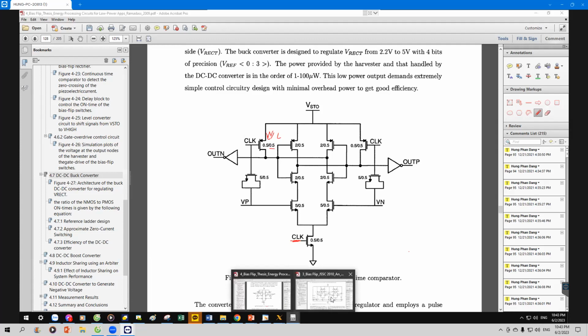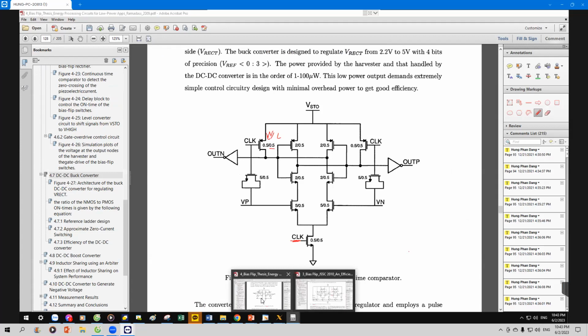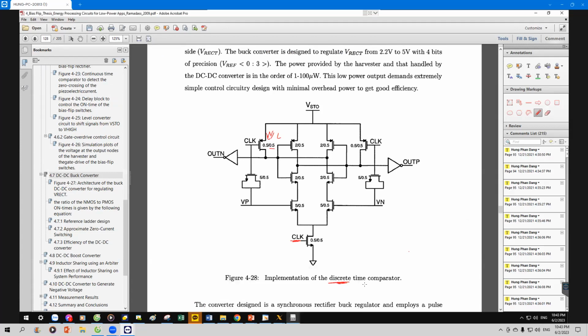And a continuous-time comparator doesn't have a clock. So if it does not have a clock, it always works and consumes power. So power is always consumed because there is no clock. It will consume more power than the discrete-time one.